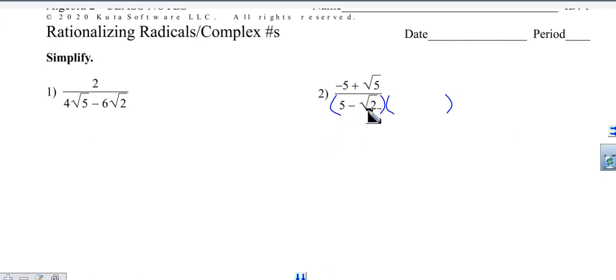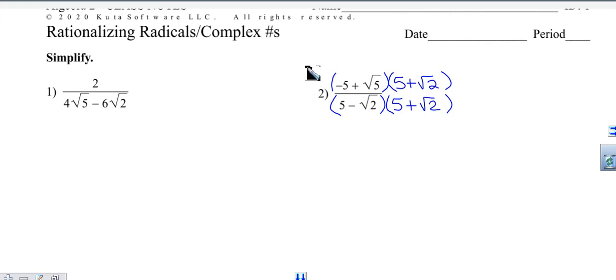It will be the same exact numbers. The only thing that will change is the sign in the middle. Whatever I multiply the denominator by, I'm going to multiply the numerator by exactly the same thing. That's how I keep this problem balanced.